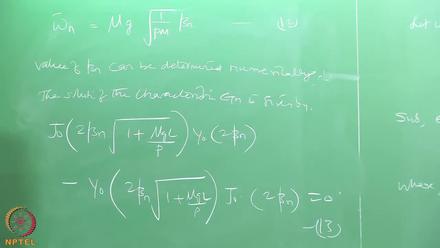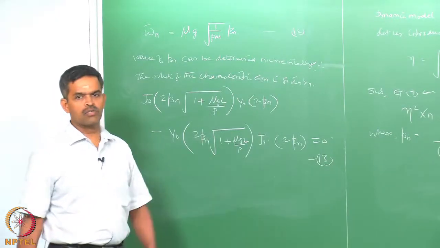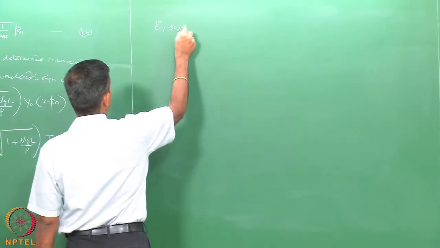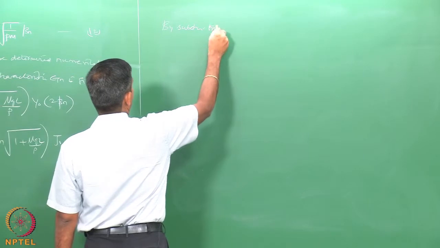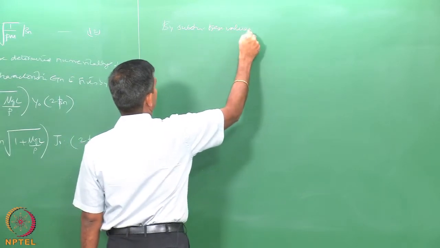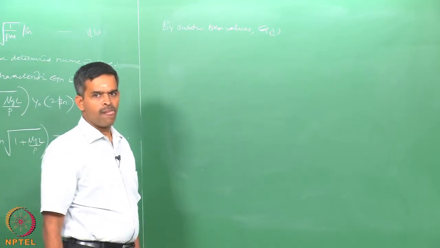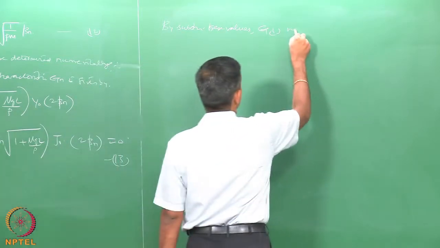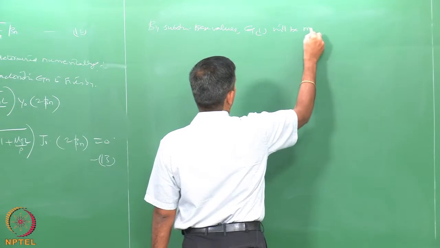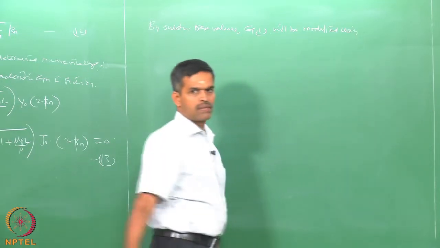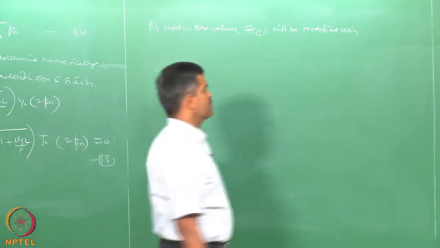Substituting the value of the above equation in the original equation of motion what we had. Now, by substituting these values, equation 1 will be modified using Galerkin's variation method.